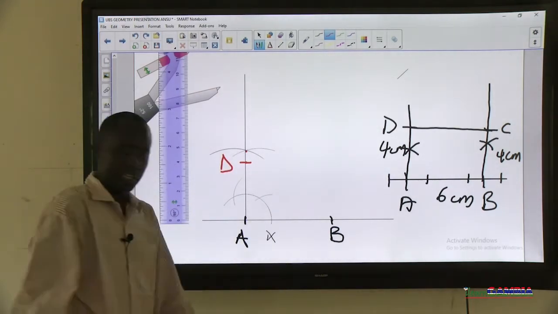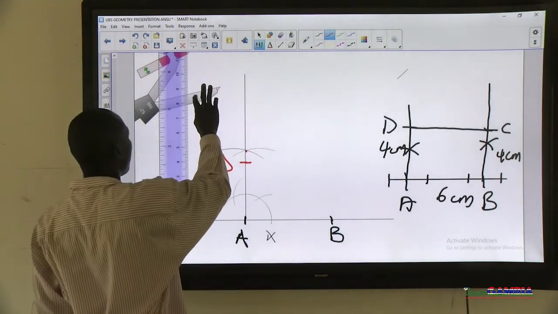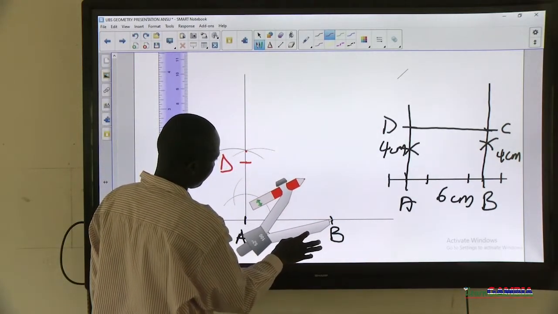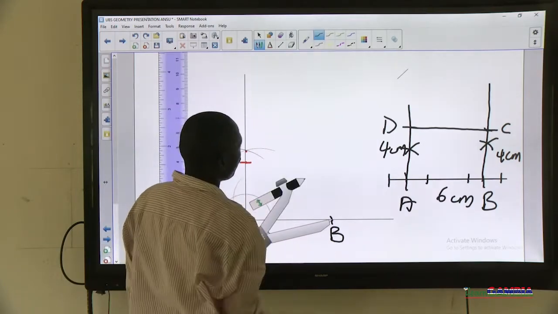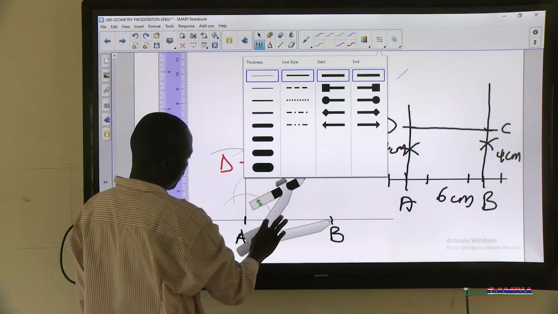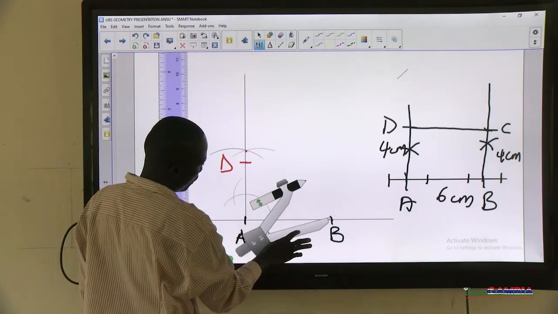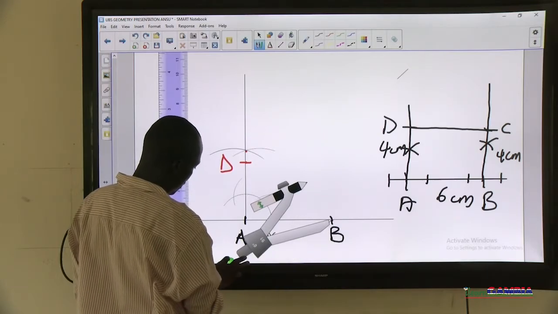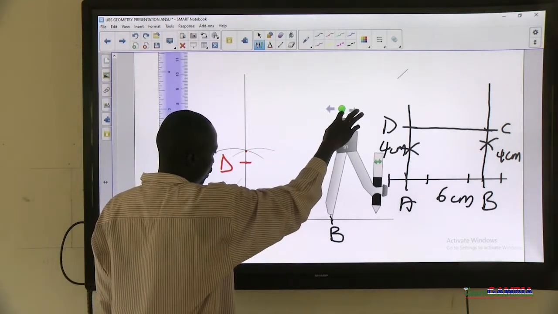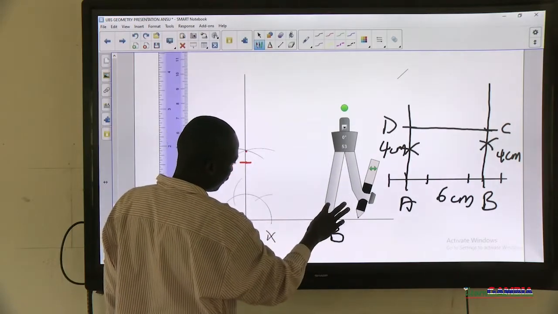Go to point B again, construct 90 degrees using your compass. I'm going to construct 90 degrees at point B. This time I want to mark points on the line before I construct my 90 degrees.